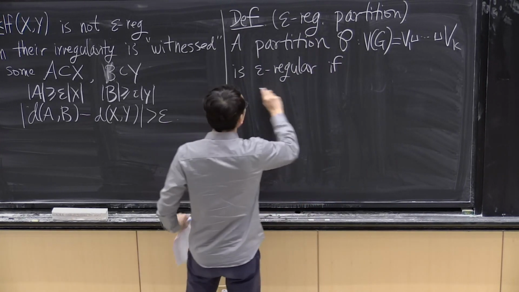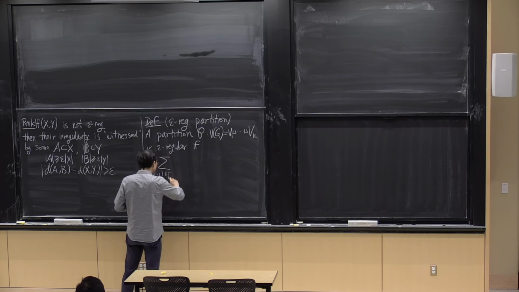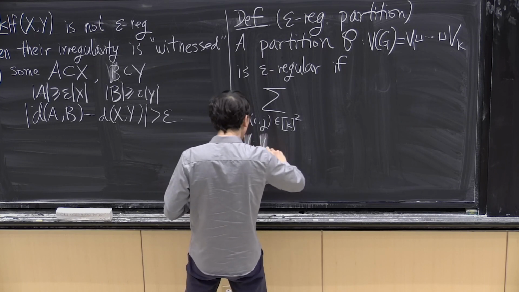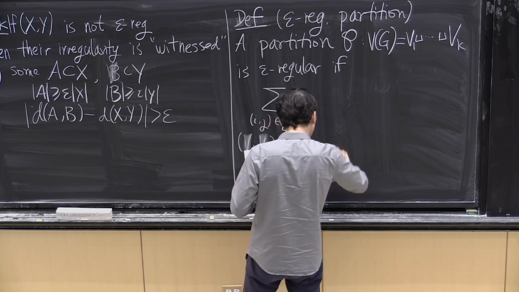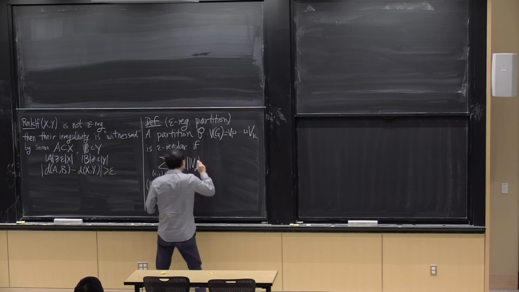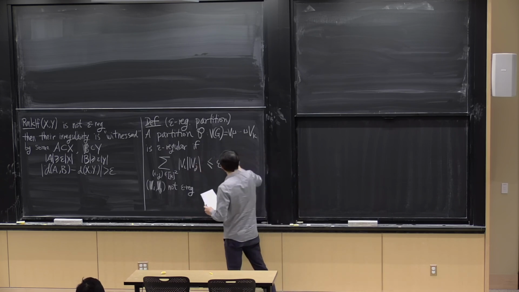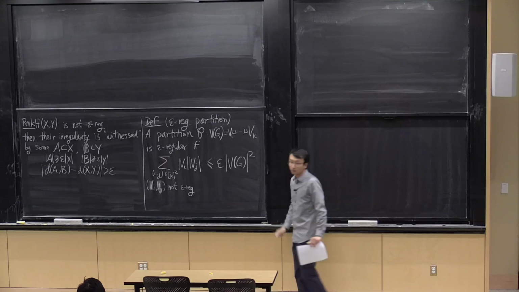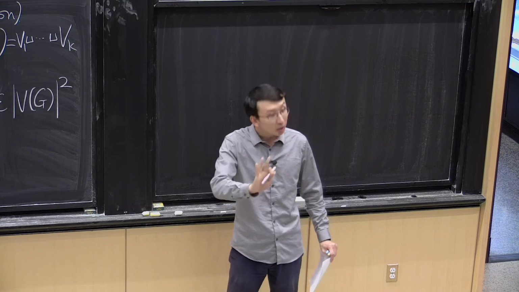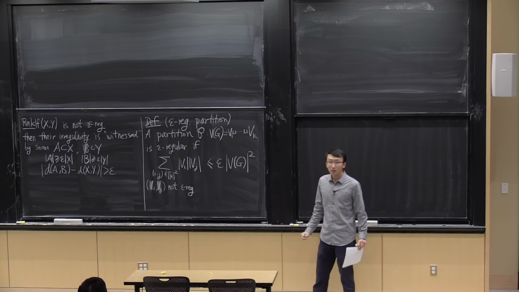We say that that partition is epsilon regular if the following is true. If I sum over all pairs of vertex sets V_i, V_j that are not epsilon regular, and sum over the product of their sizes, then what I would like is for the sum to be at most epsilon times the number of pairs of vertices in G. In other words, a small fraction of pairs of vertices, not necessarily edges, but just pairs of vertices, lie between pairs of vertex parts that are not epsilon regular.